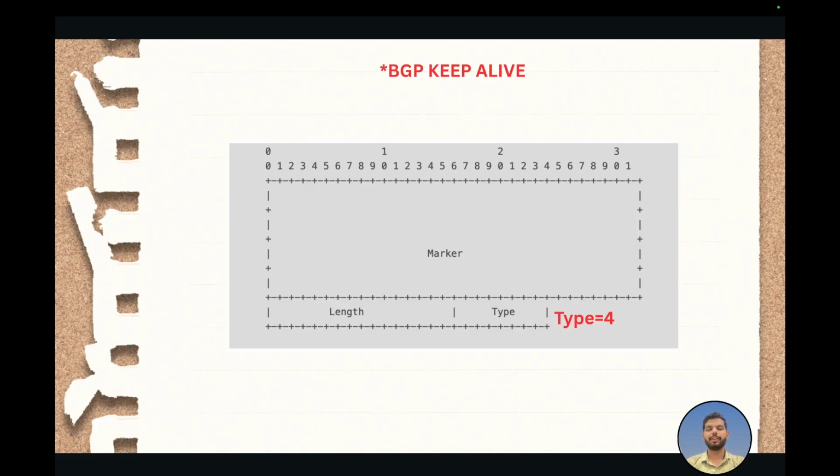If two devices are communicating and have formed the neighborship, then after a certain interval, usually 60 seconds, the keepalive message is sent. Both devices send each other a keepalive message, and by receiving those messages they know that the neighbor is alive and that they still need to exchange routes. So that's the use of the keepalive message.